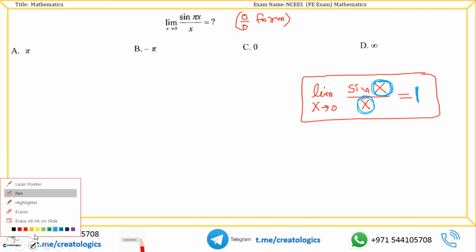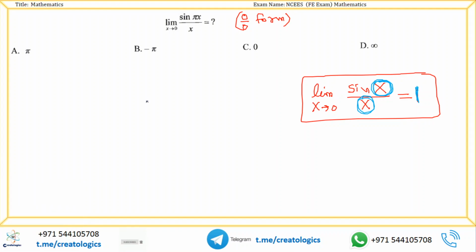So here in this question, what can we do? We have the limit as x approaches 0 of sine pi x over x as our original question. In order to make the denominator the same as the angle, what is the angle? Pi x.